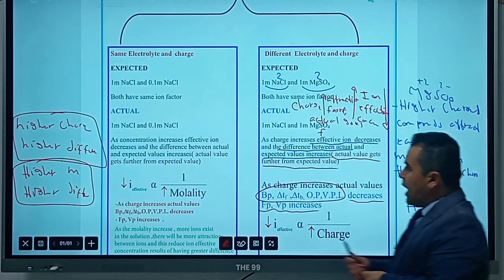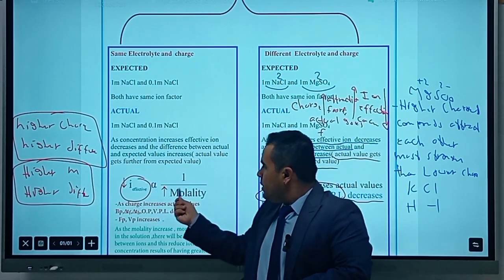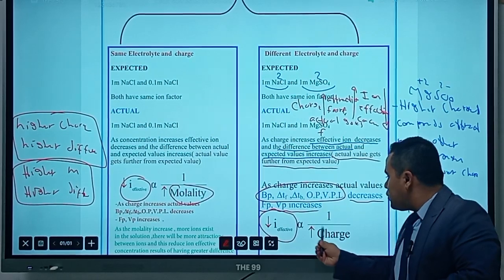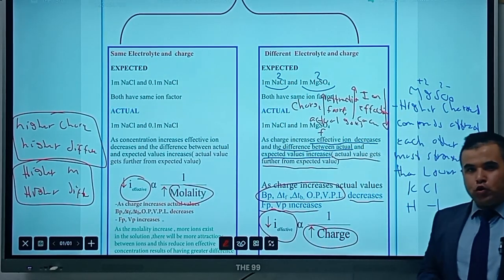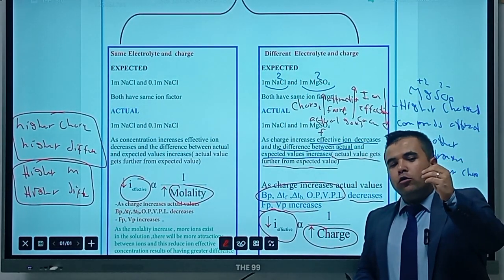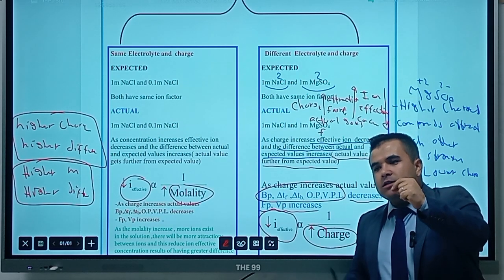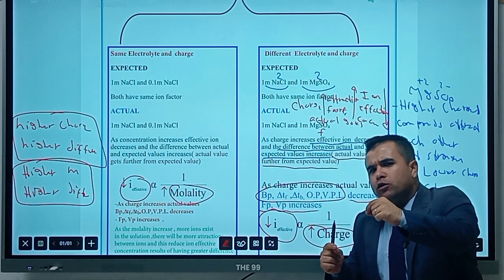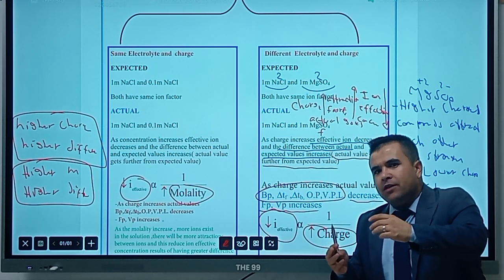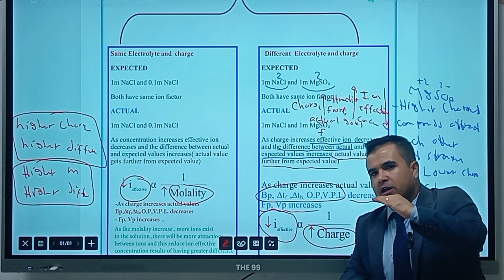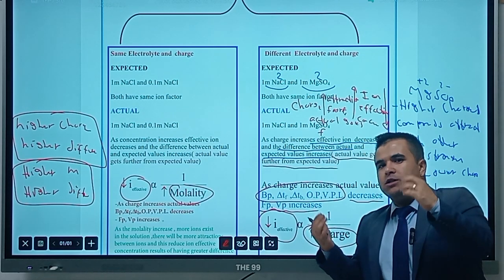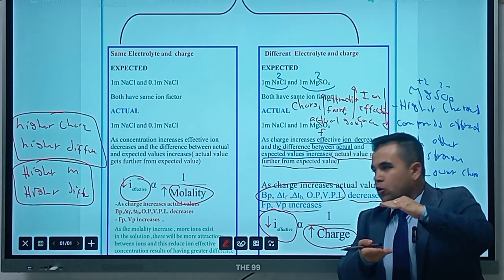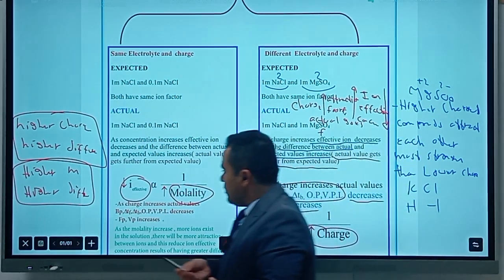And the relation between i effective and the concentration is what? It is inversely proportional. The i effective to the charge as well is inversely proportional. So the effect of having high concentration is the same as having higher charge. As the concentration increases, the effective ion concentration decreases, and then there will be a greater difference between actual and expected. The same as the charge increases, there will be a lower effective concentration of ions, and a longer distance between the actual and expected values.